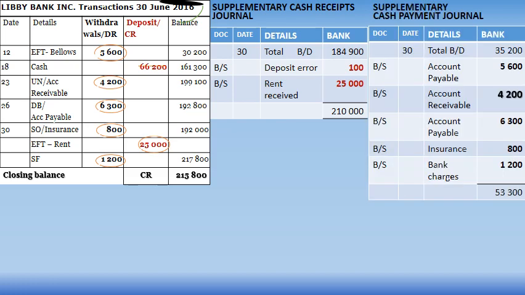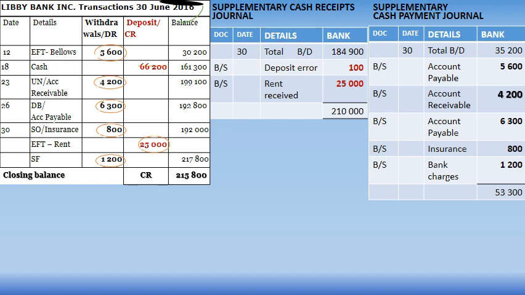Moving to the supplementary cash payment journal, we will start with the first entry at the end of the month, which will be the total brought down from the CPJ before the reconciliation, the amount 35,200. Go to the withdrawal column on the bank statement, bring in outstanding items in the CPJ. The first entry that was outstanding was the EFT payment to a creditor.